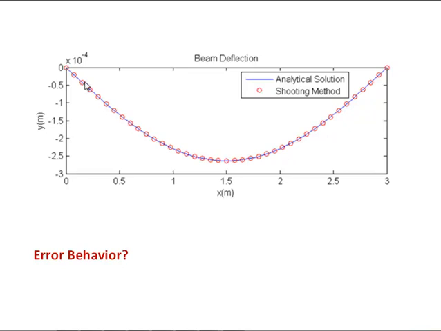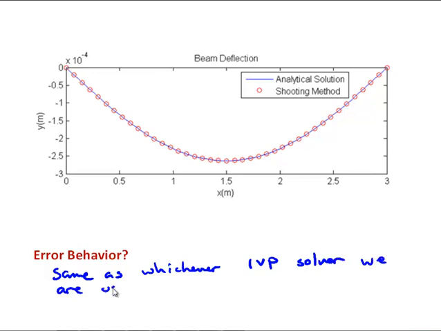As far as the error behavior for the shooting method, it's going to be the same as whichever initial value problem solver we are using. In this case, ODE45, what we saw before is that it's about 5th order accurate on a global basis, and even a little bit higher than 5th order accurate.